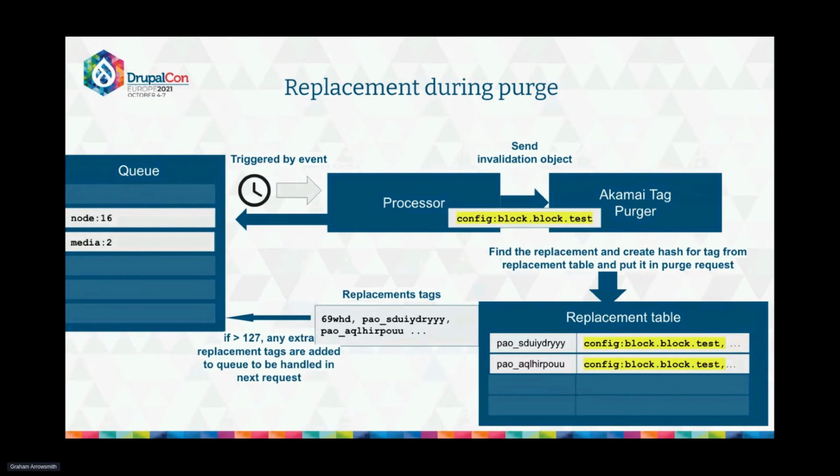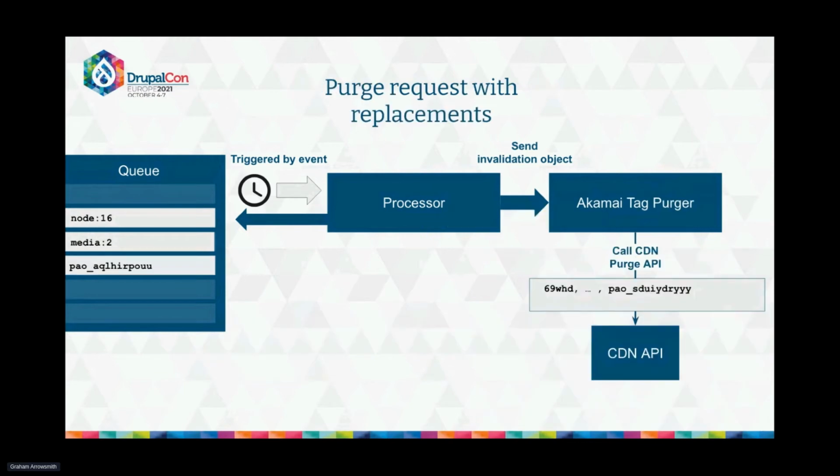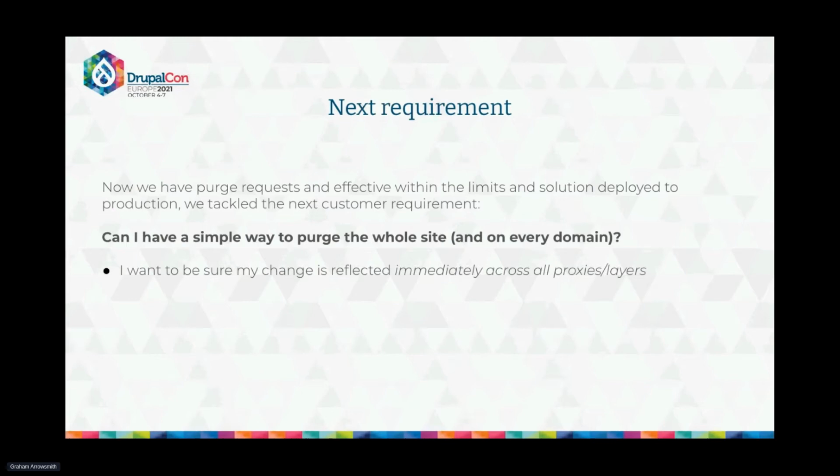Once all this data is ready, our purge request looks like this, where CDN API is just sending the tag and the replacement identifier, and any extra replacement identifiers are added to the queue. With this whole mechanism in place, we were able to stay within the limit of 128 tags and the maximum size. Now we can talk about what other feature enhancements and optimizations we introduced.